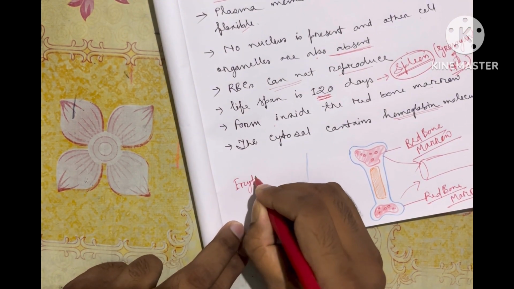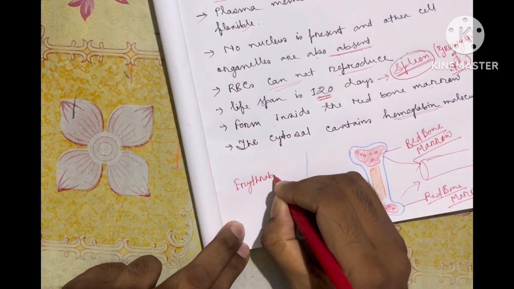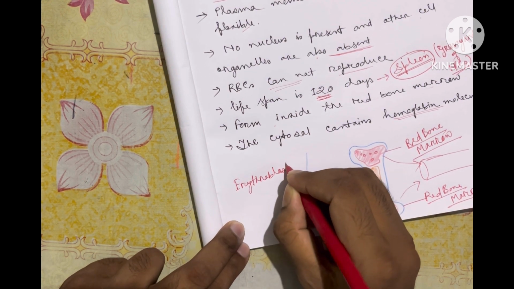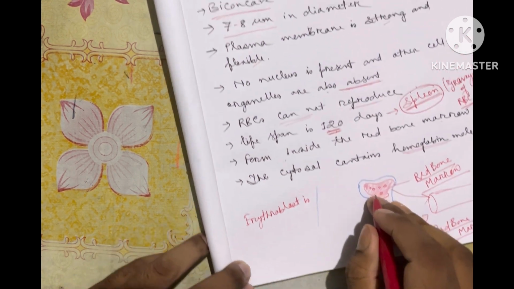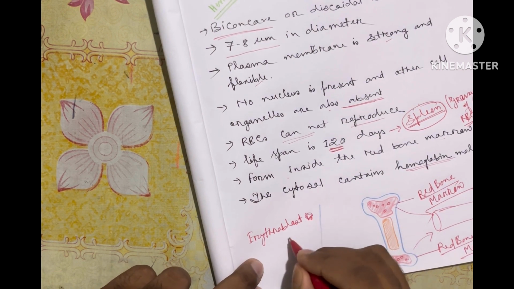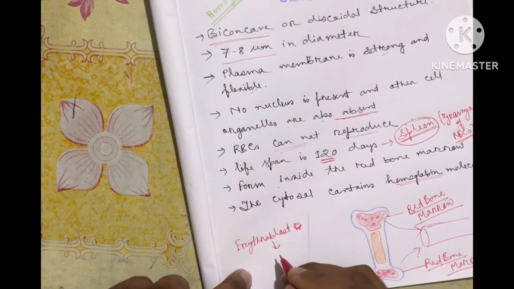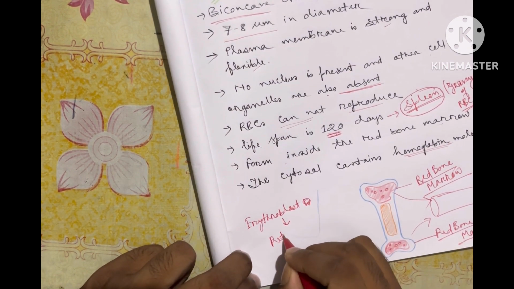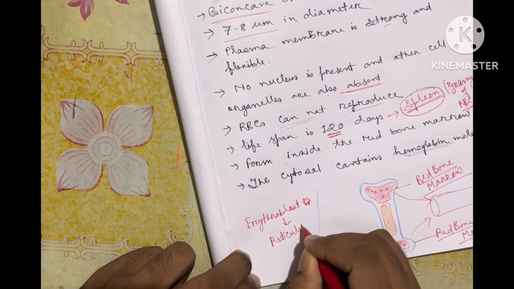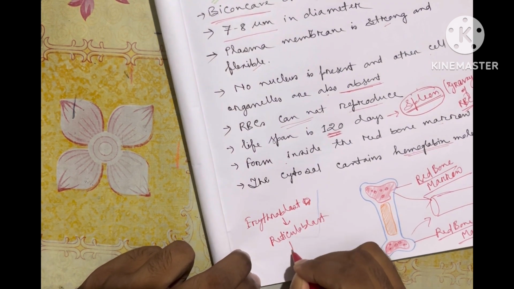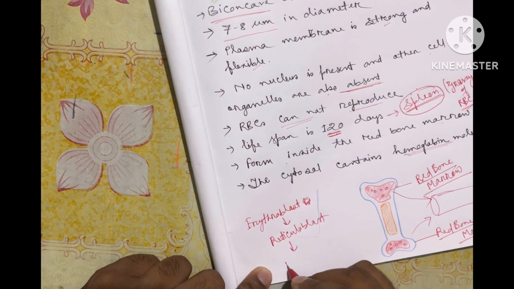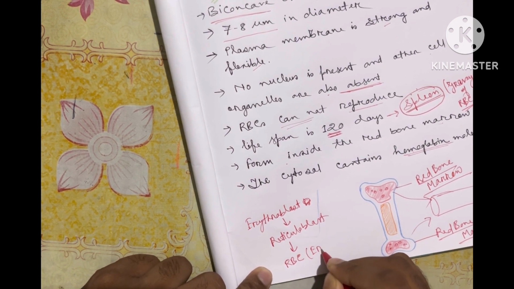Suppose this erythroblast is first converted to reticuloblast, and this reticuloblast will then convert to RBC or erythrocyte.